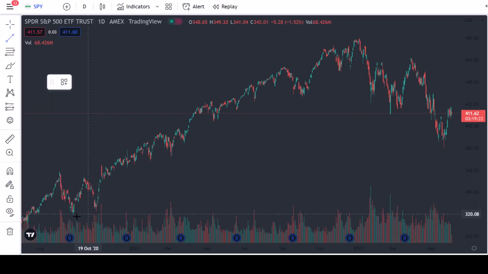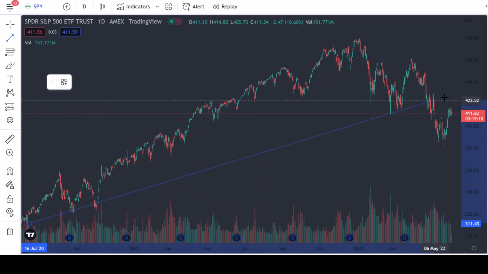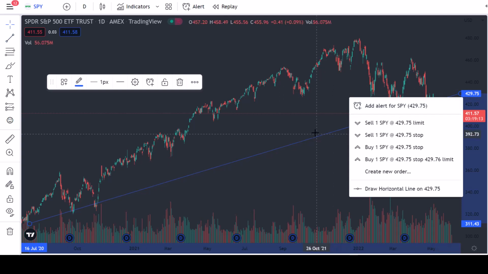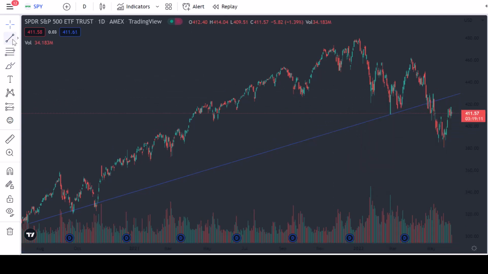If we were to draw a trend line, just like so, and then draw another trend line, we kind of create what's called a channel. Now this channel is a megaphone channel, which is a terrible channel to try and draw and make assumptions on.